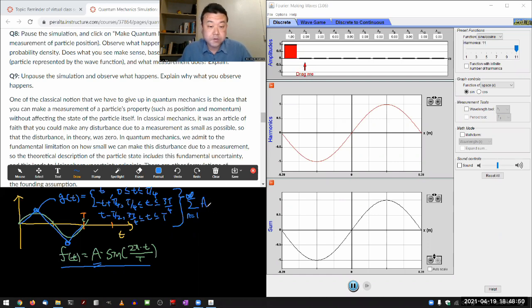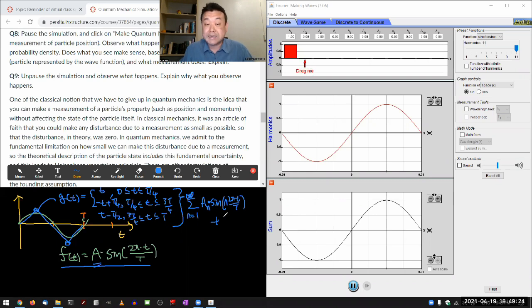So my coefficients would be a sub n times sine of n times 2 pi t over T. The 2 pi t over T part remains the same. What changes is n, so this is my fundamental frequency for n equals 1. For n values higher than 1, that would be my higher harmonics. So this is my function that's odd over the period.